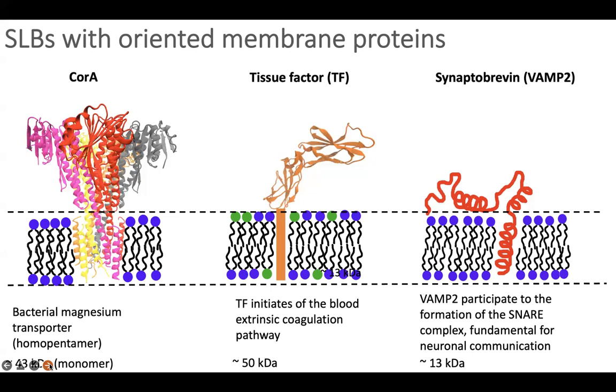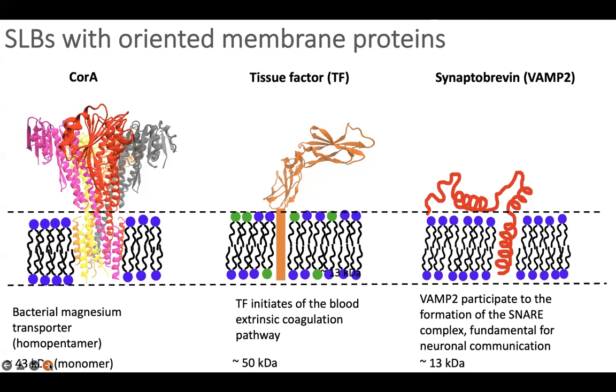Then finally, more recently, we started investigating the structure of another membrane protein called VAMP2. It is once again a mammalian membrane protein that is highly abundant in the brain and has a fundamental role in neuronal communication. If you look at the molecular weight of these three membrane proteins, you can see that we started with something quite large and rigid, and then moved to something really small.